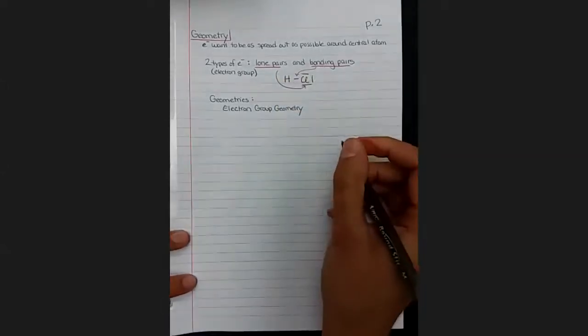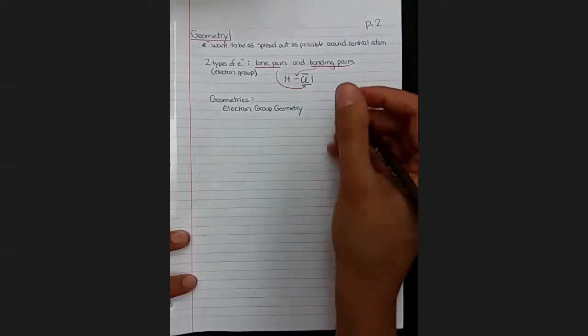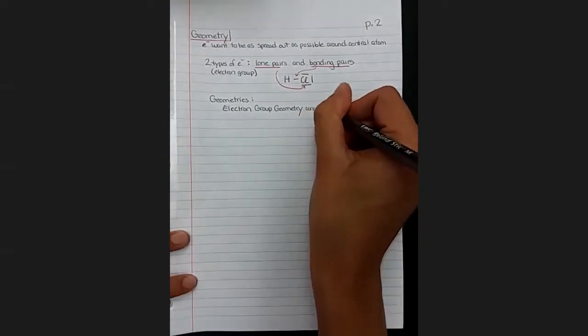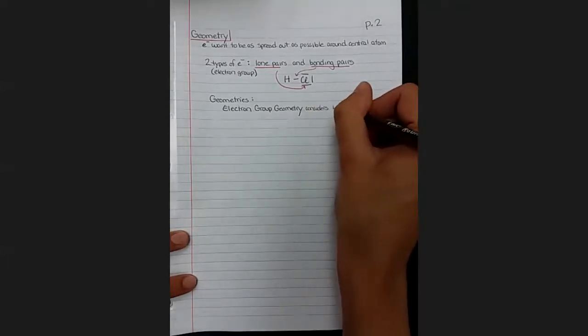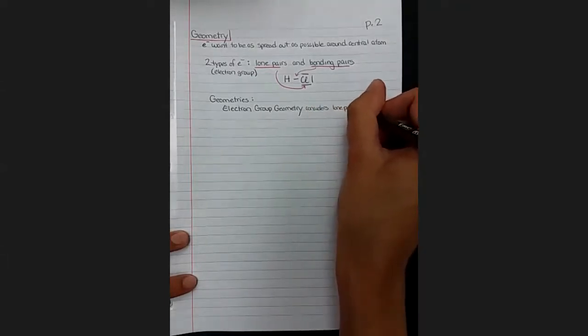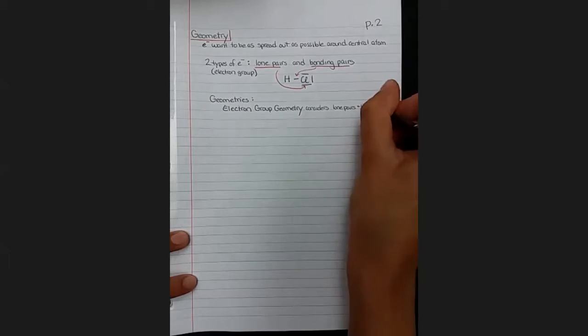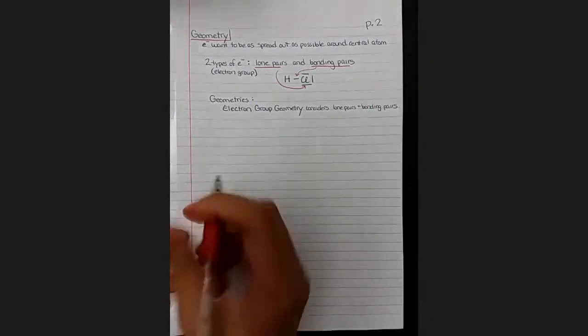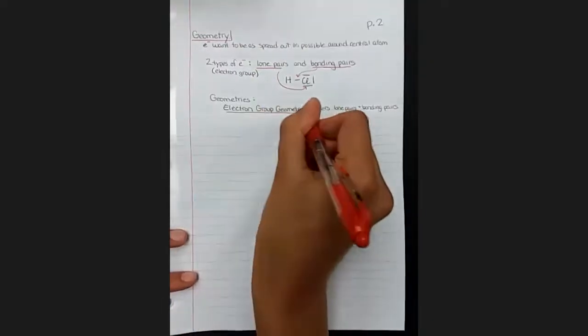And in this kind of geometry, all electron groups are considered equally. So it considers lone pairs and bonding pairs. So we find that one first.